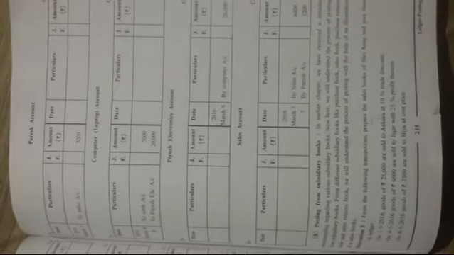The amount would be 20,000, which is shown against the Piyush electronic account in the journal entry. Got it? So you have to write the 20,000. Okay, like this you have to post each journal entry into the ledger accounts. Got it? Okay. So with this, we are done with illustration 2.